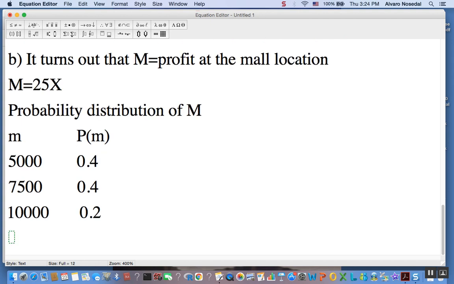Okay. So now that we have the probability distribution for m, we can find the expected value easily.